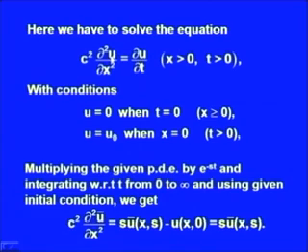So, we will get c square delta square over delta x square of u bar, and the other side will be the Laplace transform of delta u over delta t, that is s u bar(x,s) minus u(x,0). This follows from the Laplace transform of derivatives which we have done earlier. Since u(x,0) is given to be 0, the right hand side becomes s u bar(x,s).